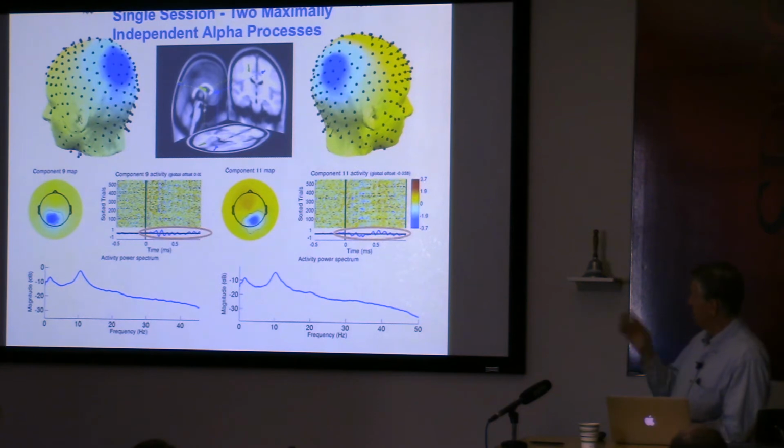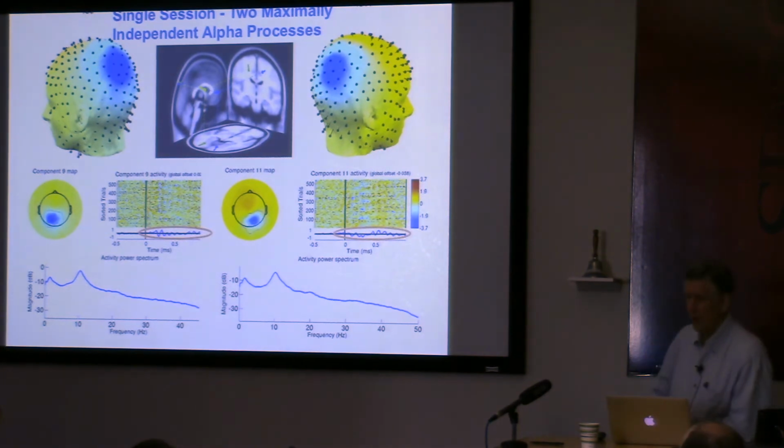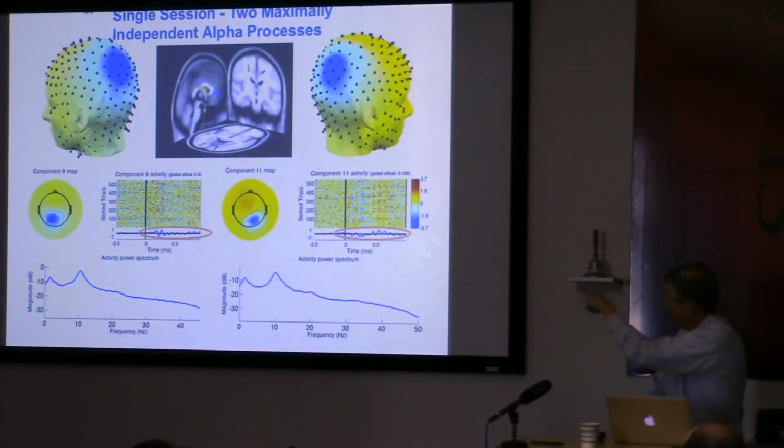But ICA said that these are actually independent of each other. They're never synchronously active, or statistically they're not at all. And these are very specific contributions to scalp alpha. They project to the whole posterior channels, central posterior channels, and the one on the right projects as well to the frontal channels, central and left.